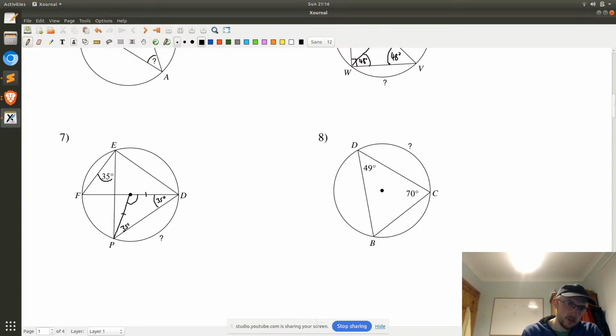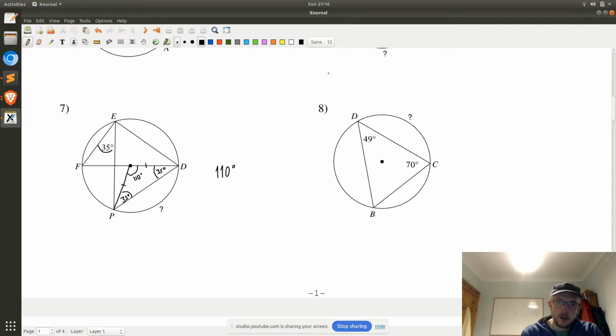Isosceles triangle is 35 degrees. 180 take 70 is 110. Okay, now to find this angle here. 119 is 180 take 61.